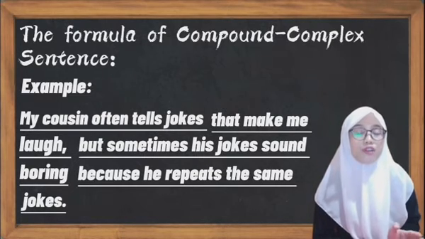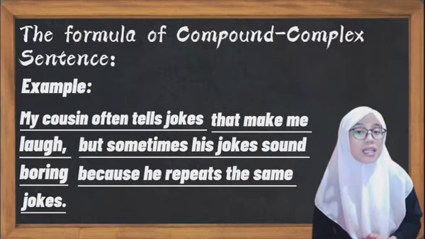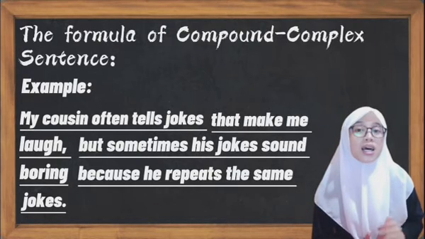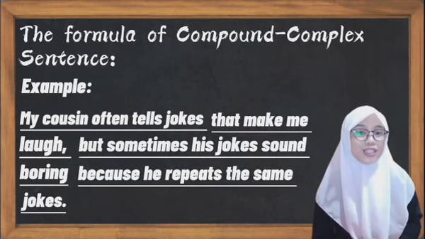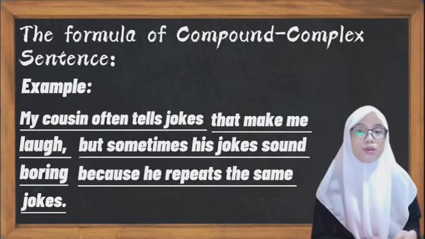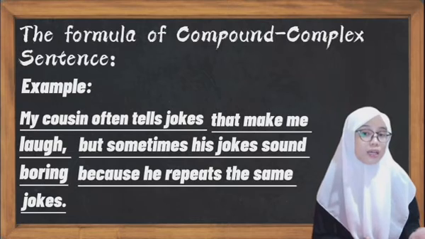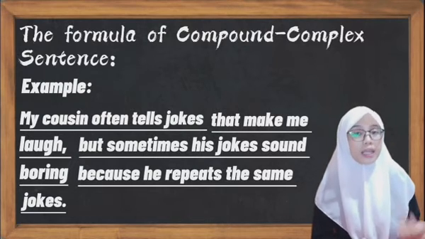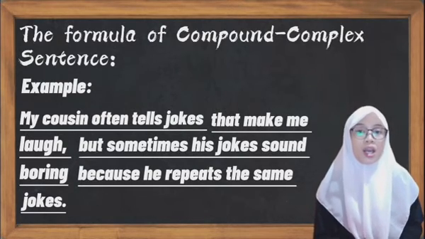My cousin often tells jokes is independent clause plus relative pronoun that as conjunction plus sentence make me laugh to form a dependent clause. So the dependent clause is that make me laugh.